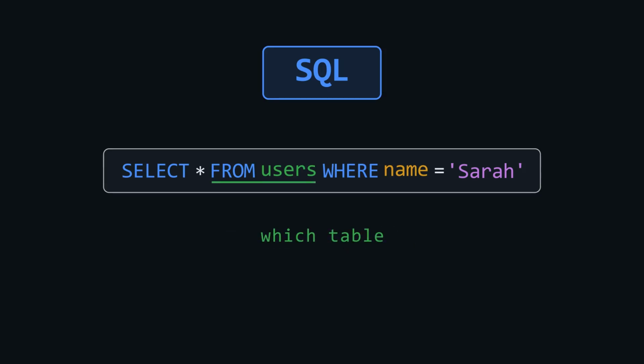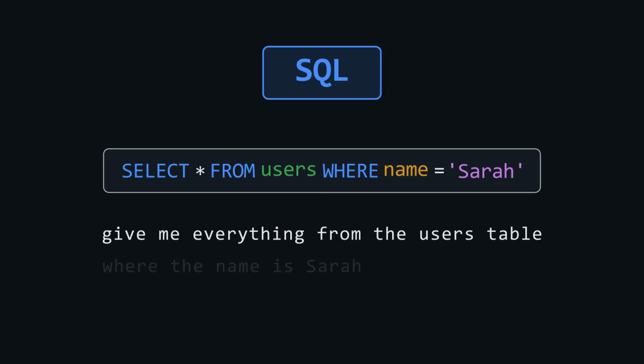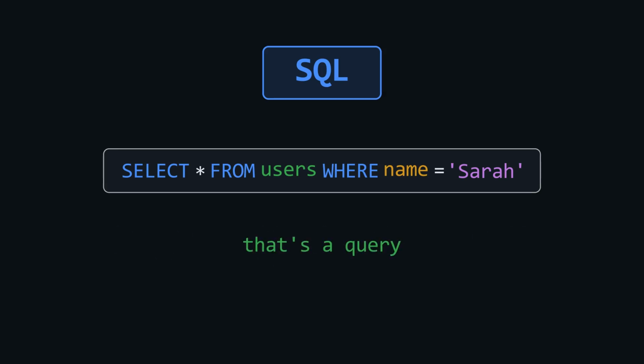That's which table. Where name equals Sarah, that's the filter. Give me everything from the users table where the name is Sarah. That's a query. And that's genuinely most of what people write.